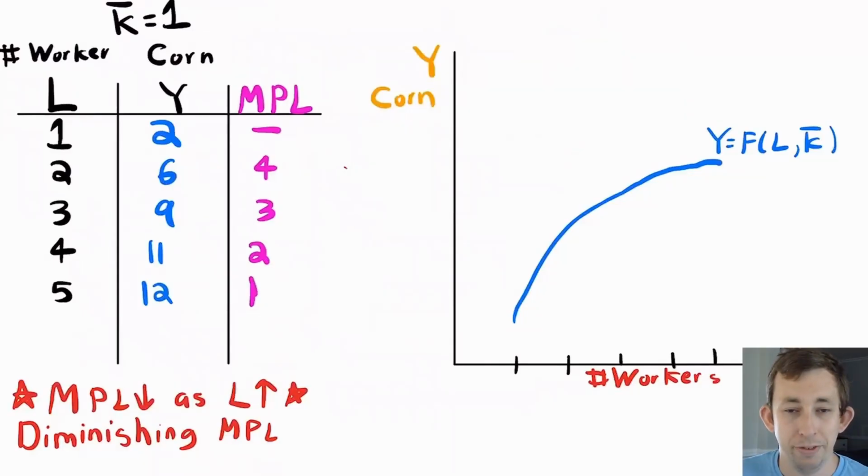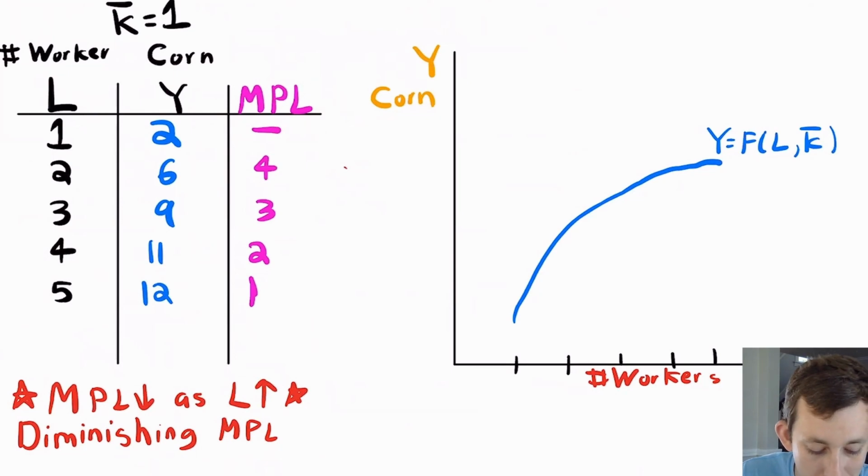This is going to look very similar to diminishing marginal utility, but now it's diminishing marginal product because again, we're thinking about how much extra corn Bill can make if Bill hires 1 more extra person to help him in the field. So here in this table on the left, here are the number of people helping Bill. Here's how many, like tons of corn they can produce. And this is the extra tonnage of corn they can produce with that extra person.